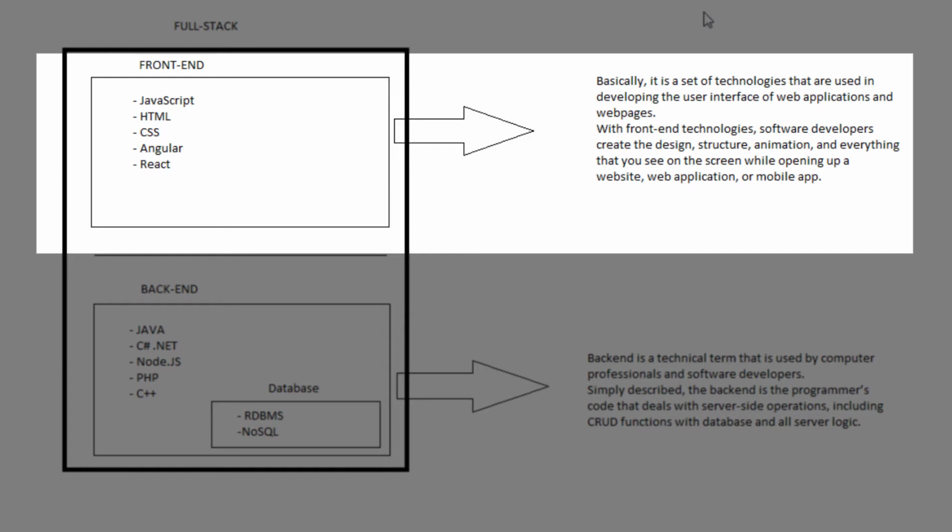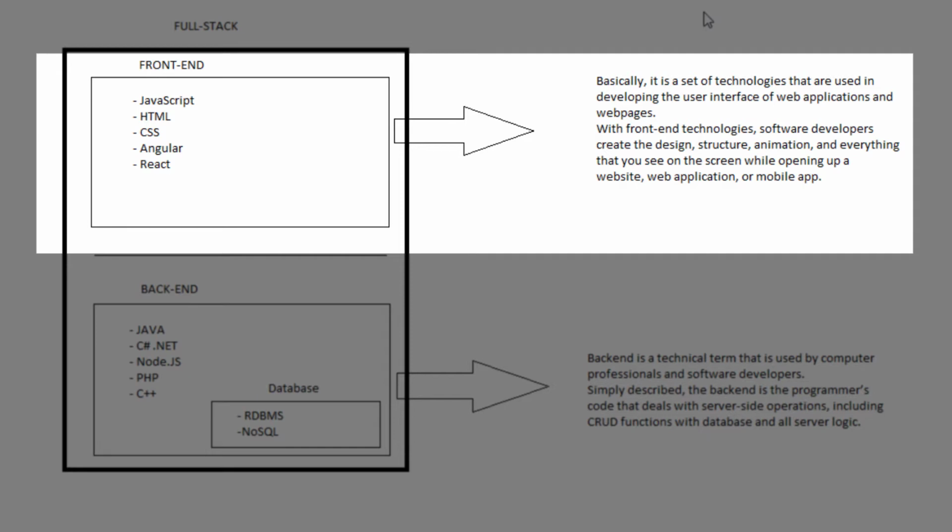Here are listed some of the technologies you can use for the front end. The most famous ones are JavaScript, HTML, and CSS for styling. Also listed are Angular, React, Vue, and so on and so forth.